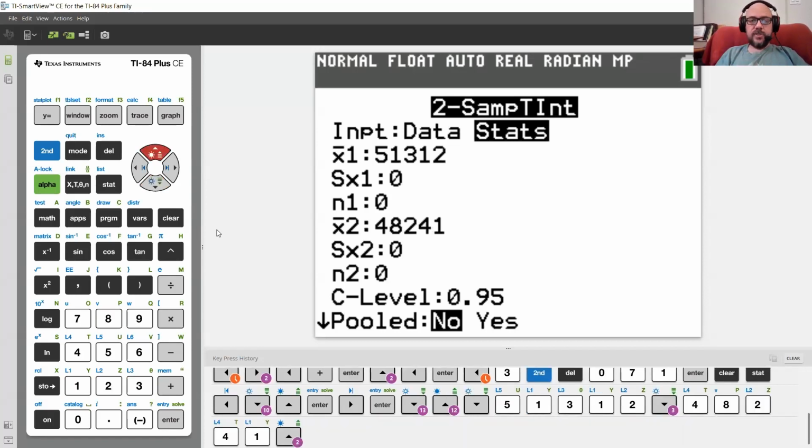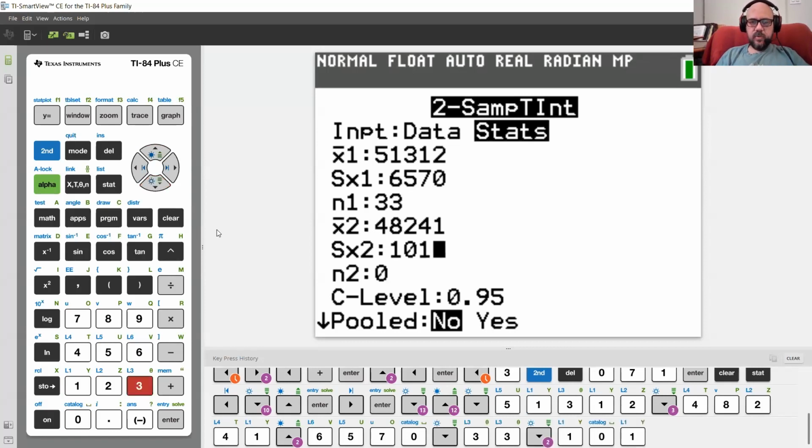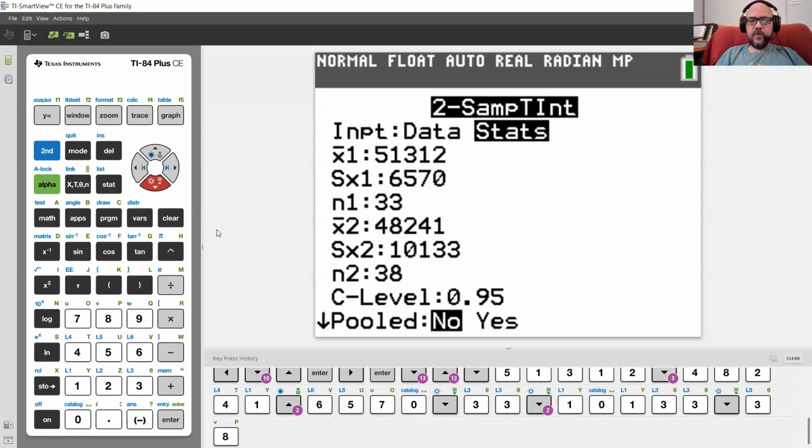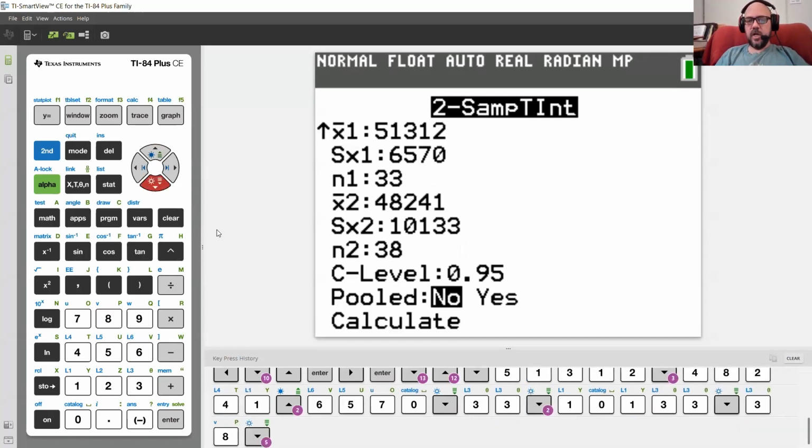We're going to talk about pooled in just a second. S1 was 6,570 and N1 was 33. S2 was 10,130. I don't know why I can remember these numbers. And N2 was 38, confidence level 95%. Now let's talk about pooled.